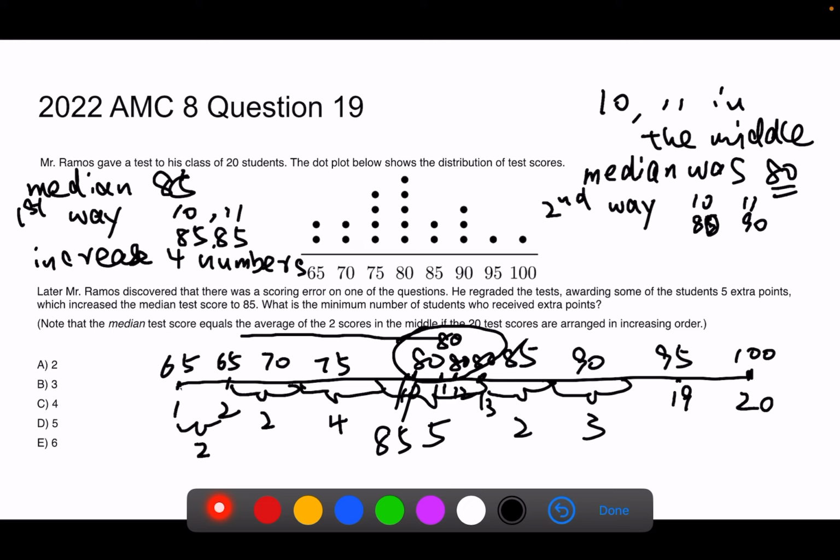In that sense, the average of those two is 85. Well, how do we make that work? If your 10th is 80, you can keep it as 80. But then you will need to increase a lot of things to 90.